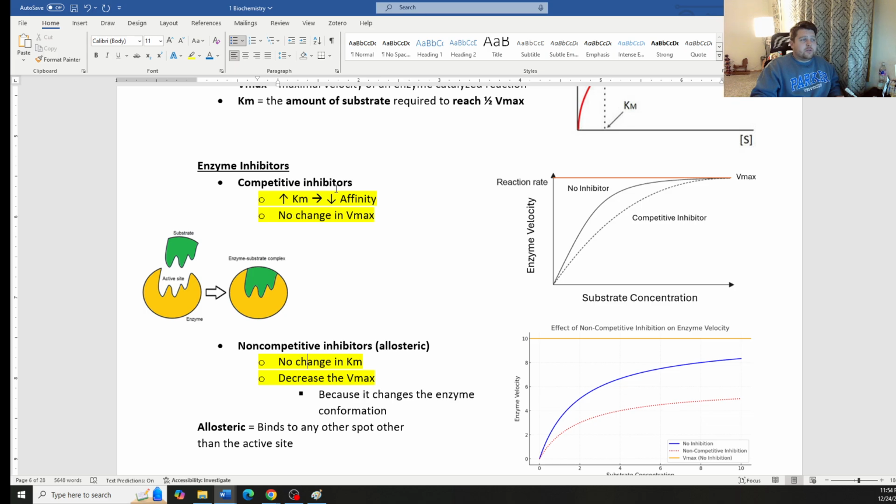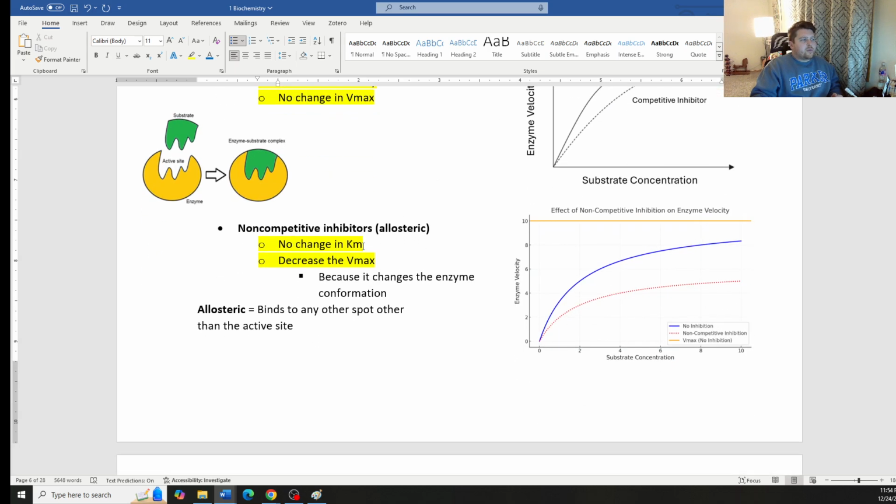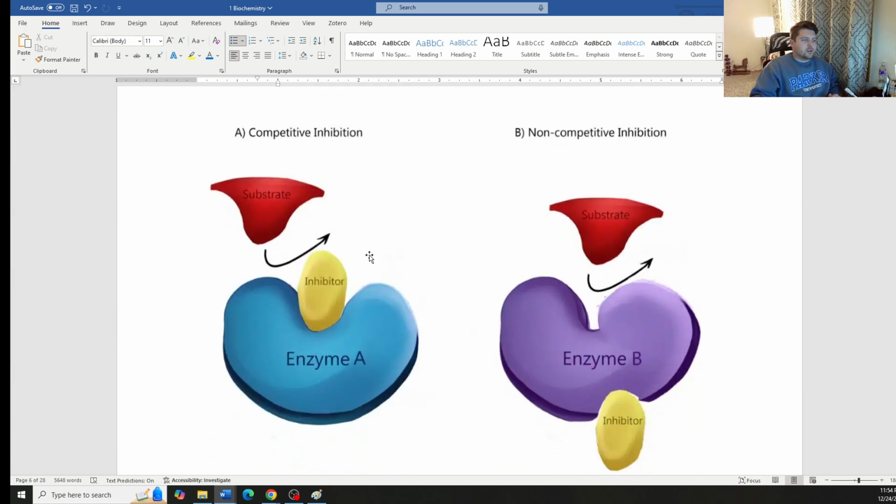Competitive inhibition: increased Km because of decreased affinity, but no change to the Vmax. The non-competitive inhibitors, also known as allosteric: no change to Km, but a decrease in the Vmax. And that's exactly how you're going to get asked those questions on Part 1 boards.